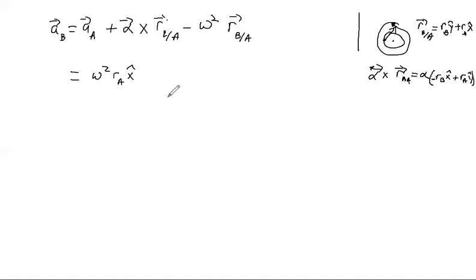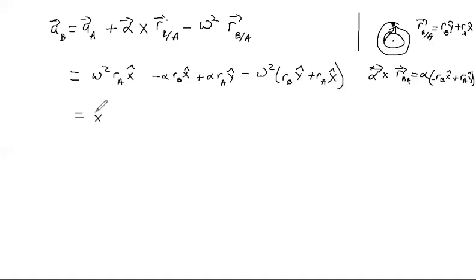All right. So I plug all that in here, and I'm going to get minus alpha R_B x hat plus alpha R_A y hat minus omega squared times R_B y hat plus R_A x hat.